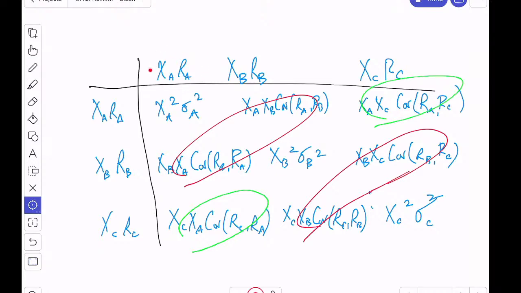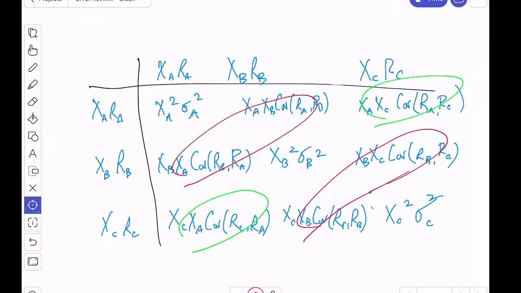So here are the weighted returns for A, the weighted returns for B, and the weighted returns for an asset C. A, B, C there, and we do the matrix again, considering the covariability of those returns in pairs, so A with A, B with B, and C with C. When you combine A with B, you get this term, but that's the same as combining B with A, that covariation. So there's 2 of those terms.